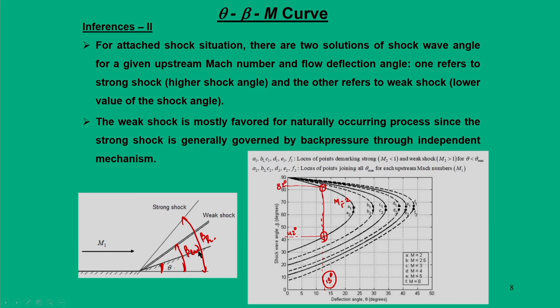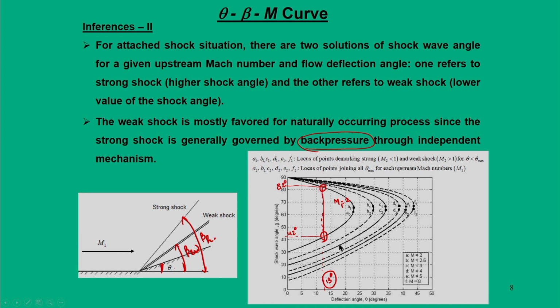So we have a strong shock solution or a weak shock solution, but in all our gas dynamics problems, the weak shock is always preferred, because a weak shock is normally encountered as a naturally occurring phenomenon, whereas a strong shock is normally produced through a mechanism called back pressure, controlled through an independent mechanism.